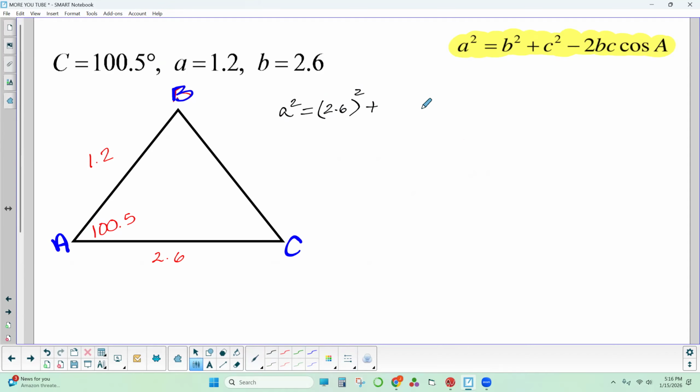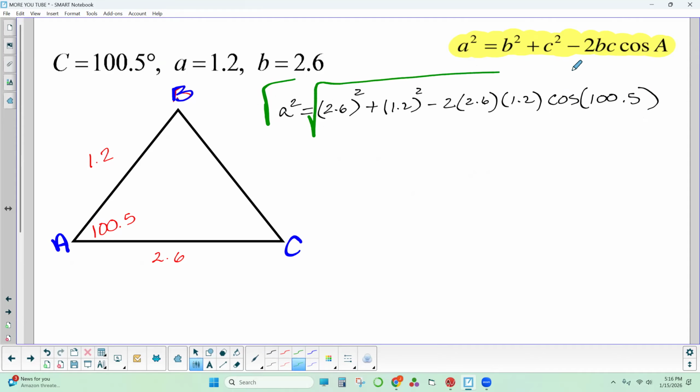Plus C squared, which is 1.2 squared, minus 2, and then back to B, which is 2.6, times C, 1.2, times cosine of A, and A is 100.5 degrees. Okay? Make sure everything looks good. Now, we want A. We don't want A squared, so we are going to take the square root of both sides here. And that's how we're going to plug it into our calculator.